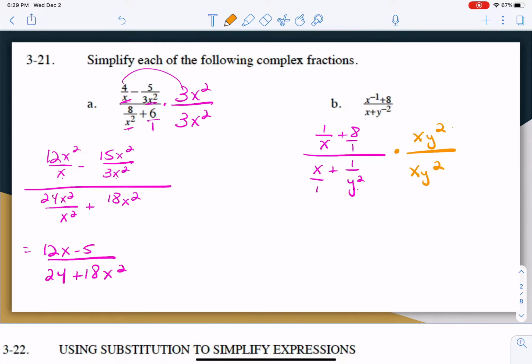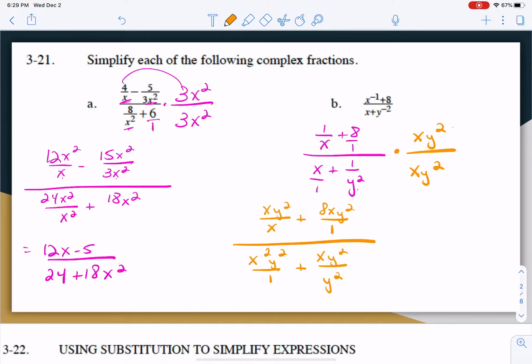So I'm left with xy squared divided by x plus 8xy squared divided by 1, all over x squared y squared divided by 1 plus xy squared divided by y squared.